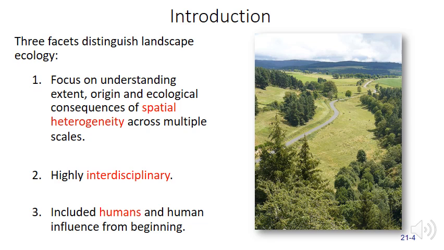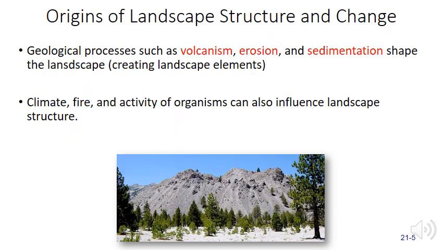So this is a discipline that's involved humans from the very beginning, and it's born out of a need for humans to maximize the utility of the landscape. For that reason, it's often associated with conservation biology. That's not to say that all studies involving landscape ecology have to be conservation focused, but there is very often a link there.